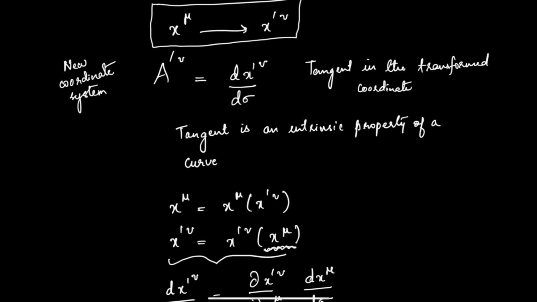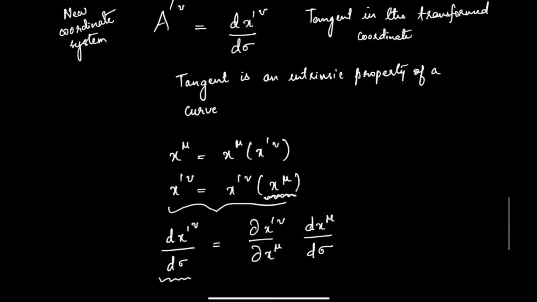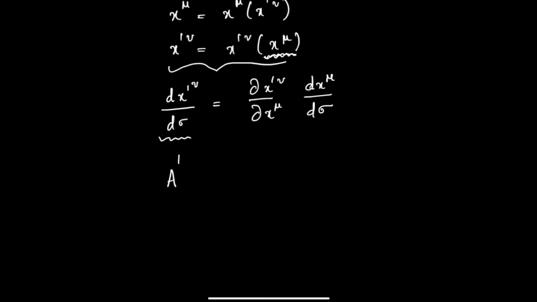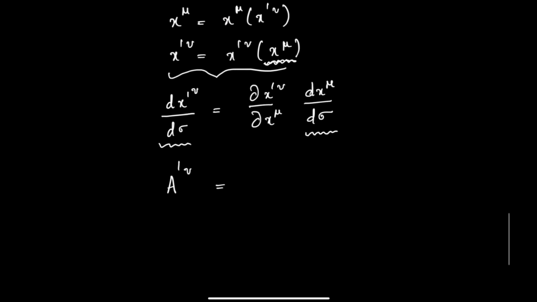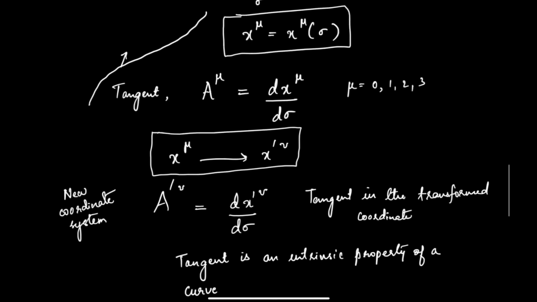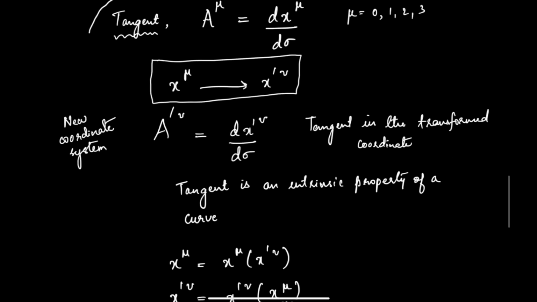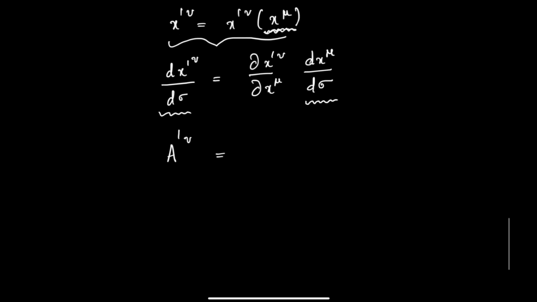So a prime nu, which is equal to dx prime nu by d sigma, is the tangent in the new coordinate system. So I can write this as a prime mu. And this quantity, dx mu by d sigma, is the tangent in the old coordinate system before the transformation.